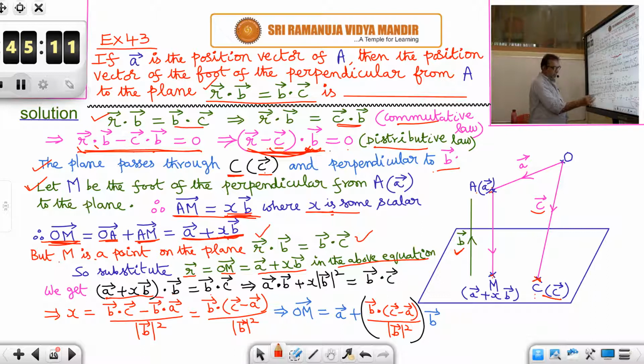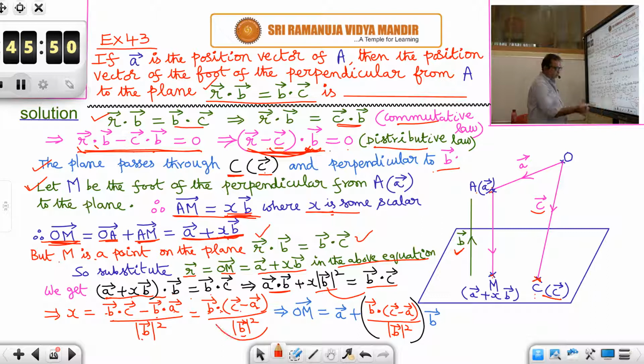Left hand side I am expanding: A bar dot B bar plus x into B bar dot B bar, that is mod B bar square, is equal to B bar dot C bar. So can you find the value of x now? Take A bar dot B bar to the right side. B bar dot C bar minus A bar dot B bar can be written as B bar dot, C bar minus A bar. Divide by mod B bar whole square. So the value of x is found, x equals B bar dot, in the bracket C bar minus A bar, by mod B bar square.